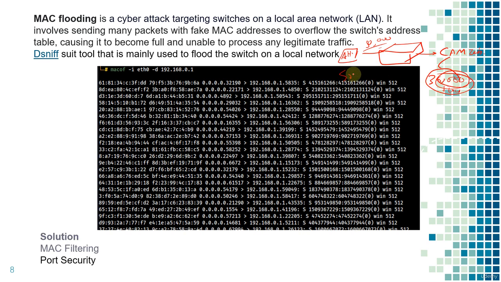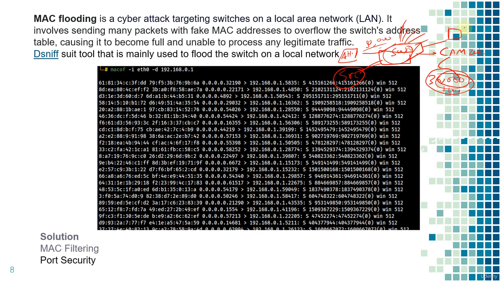Then if a legitimate source wants to send a packet to some destination, my switch is overflowed with these MAC addresses, so it will not entertain it, and it is going to flood this traffic everywhere.